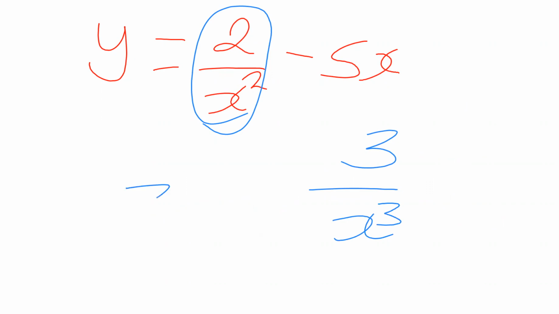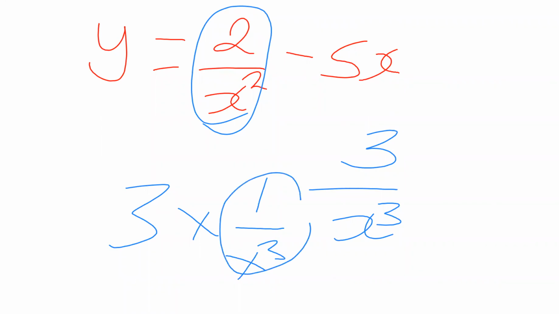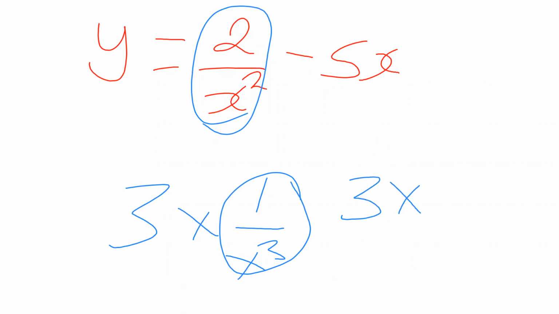This is as good as 3 times 1 over x to the power 3, and you can rewrite this expression according to the rule of indices as 3 times x to the power negative 3, right?